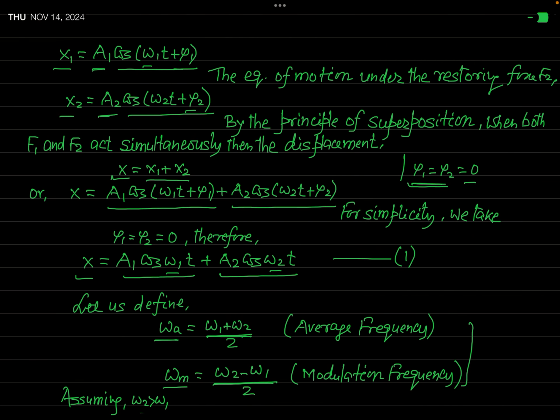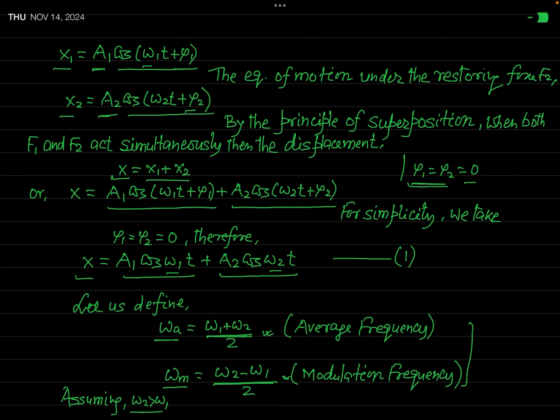Since ωa = (ω1 + ω2)/2, and ωm = (ω2 − ω1)/2. Here, this ωm has been defined as (ω2 − ω1)/2 on the basis of the assumption that ω2 is greater than ω1.